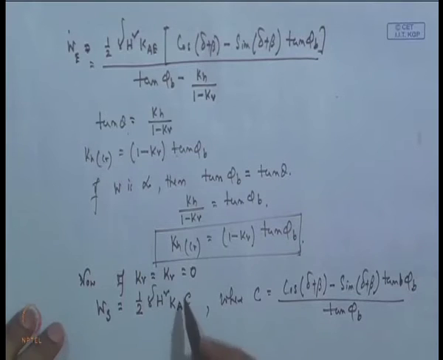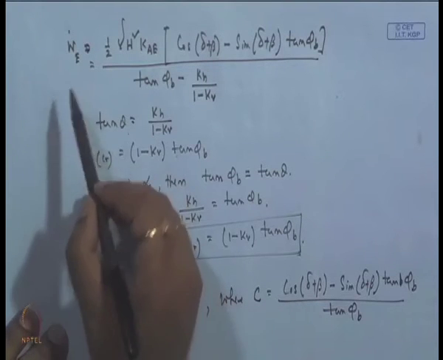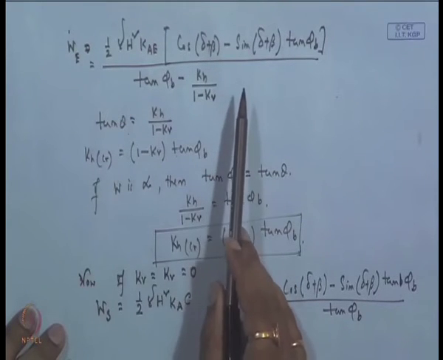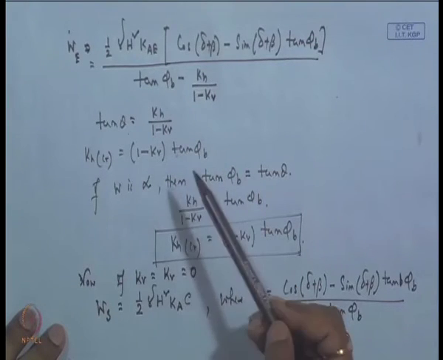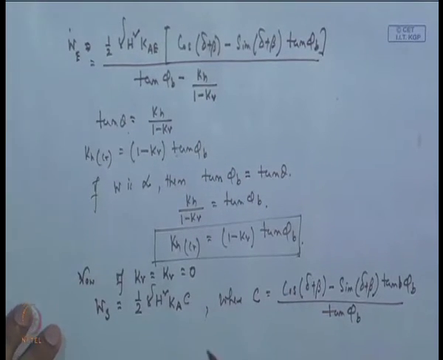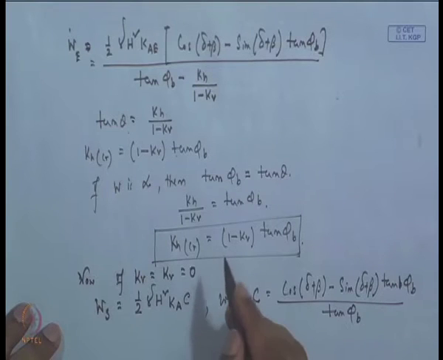So, now from this expression W s we will get the weight on the static condition, and W e we will get the weight under seismic condition. So, when we calculate all this weight, then we can understand what is the additional amount of the weight required to make this gravity retaining wall stable under seismic condition as compared to the static condition.